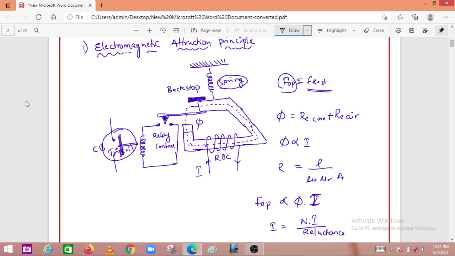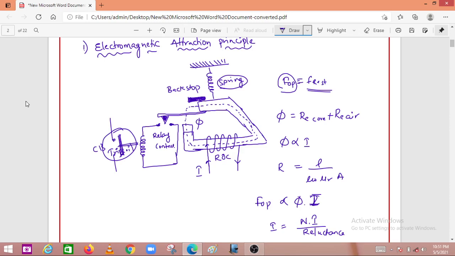So that's the basics regarding this flux and current. Okay, so the operation of the electromagnetic attraction principle is: whenever the current is flowing through this coil, the flux will be flowing through this iron pot, and if the force exerted because of this flux is equal to the restraining force of the spring provided here, then the relay will not operate and is at the edge of operation.